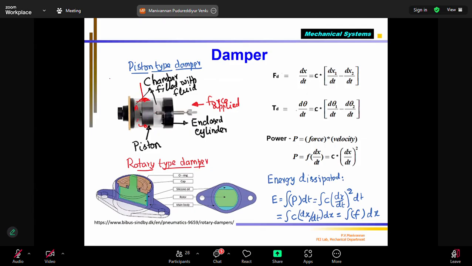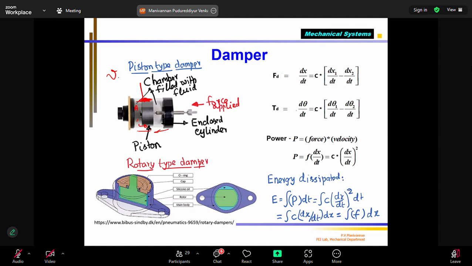The rate at which the fluid is going, the velocity of the fluid, is going to create an opposition force. Fluid has some viscosity; the gap size, the area of the gap, all these things will decide how much fluid can move through the gap between the piston and cylinder.